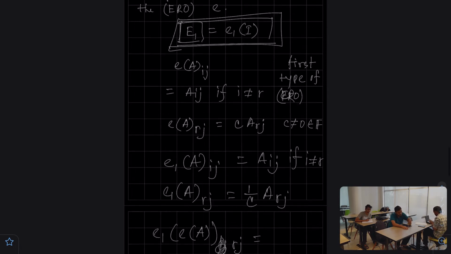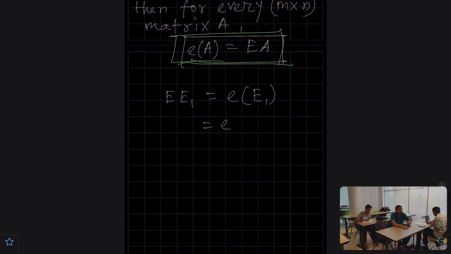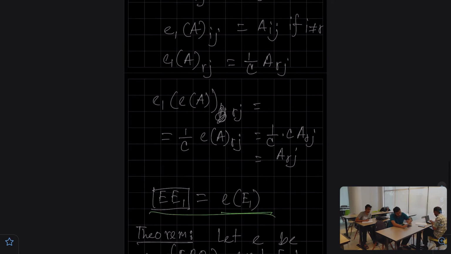We defined it. E1 is E1. This is the definition of E1, and this is E1 of I, but E1 is what compared to E? They are inverse. So I defined E1 as the inverse of the operation E.